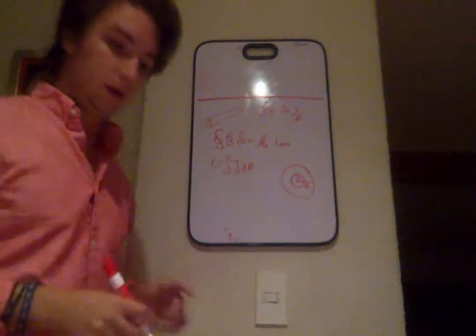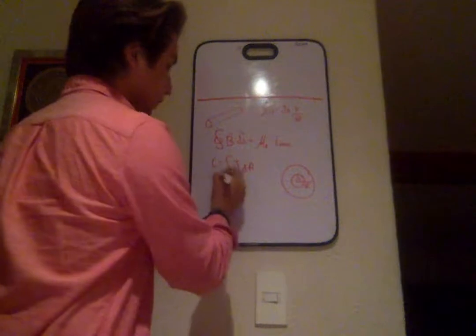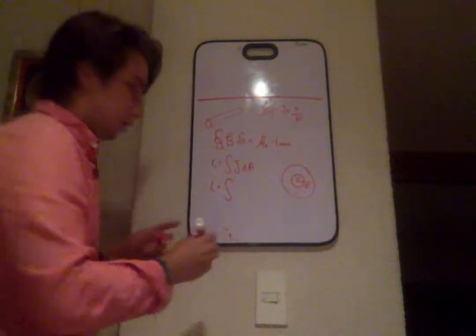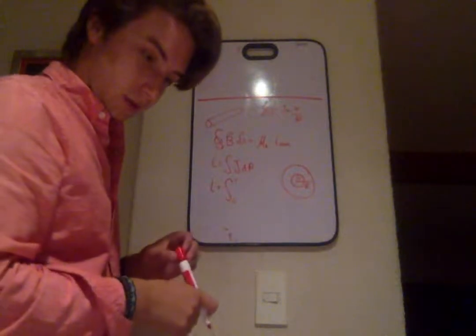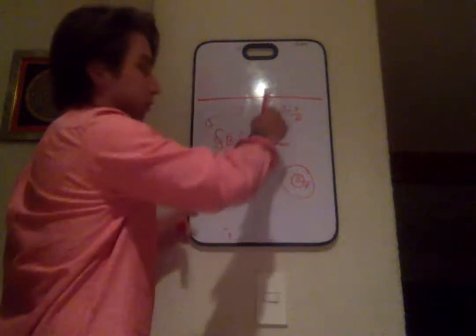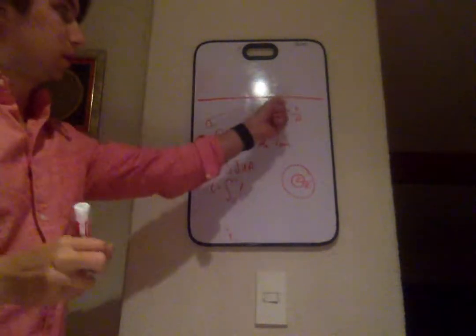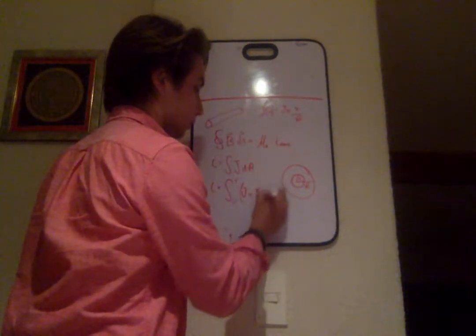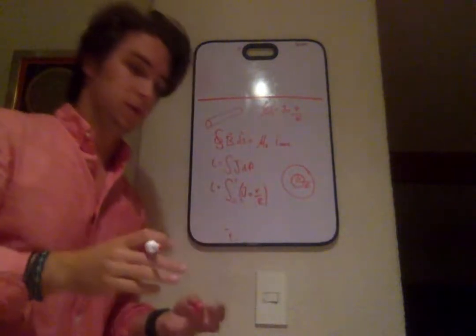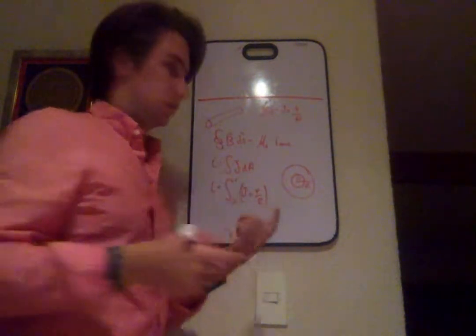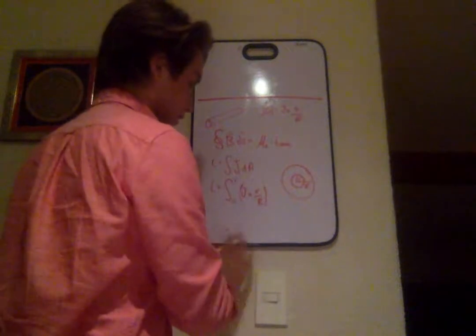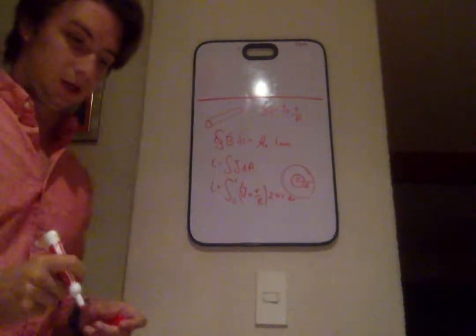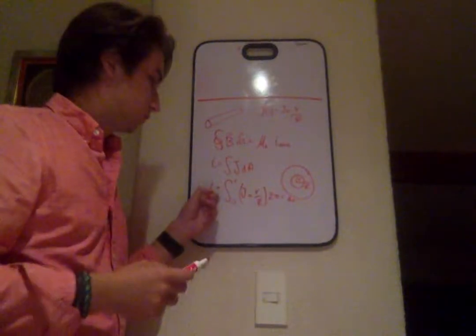And well, the area is equal to the integral from 0 to r of J, and we know from here that when we're using the radius, we have J0 times r over R, and the differential of area is basically the differential of perimeter times the differential of radius, and so we have 2 pi r times dr, and that will be our equation for the current.